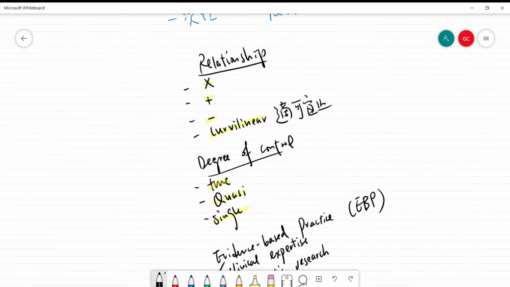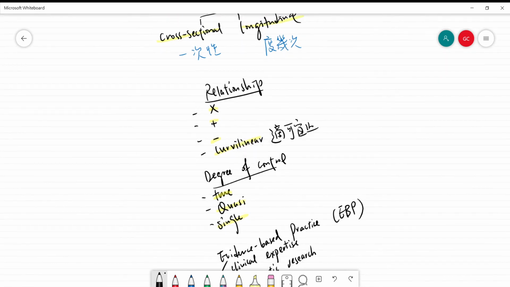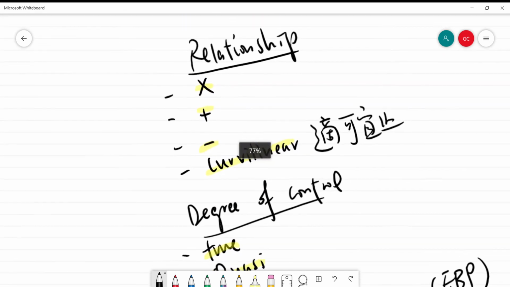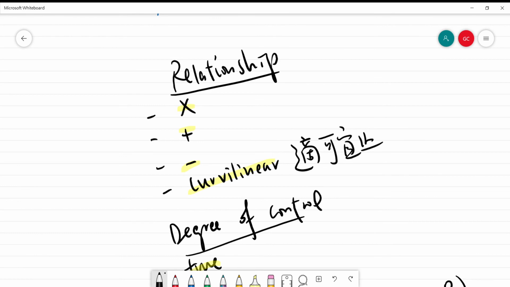So for the relationship, there are various kinds of relationship. For example, the result can show that there is no relationship between different variables. So this is meant by the symbol x here. The second one is the positive relationship, and the third one is the negative relationship.